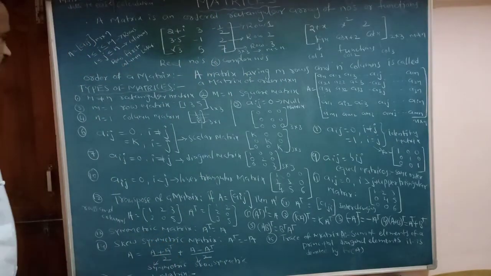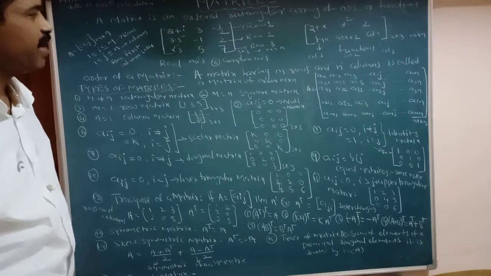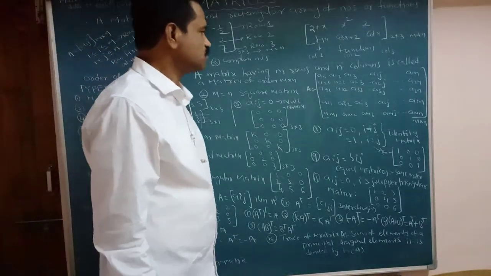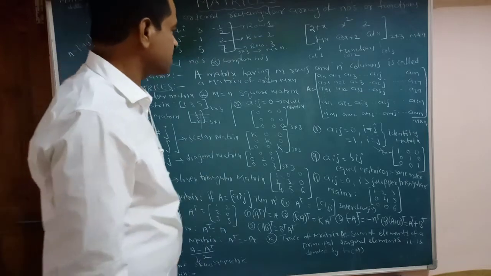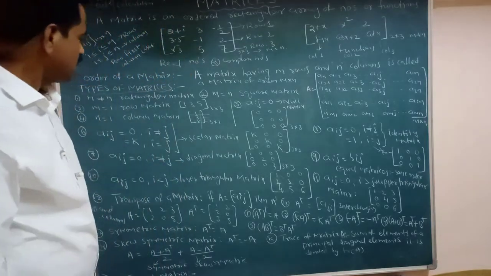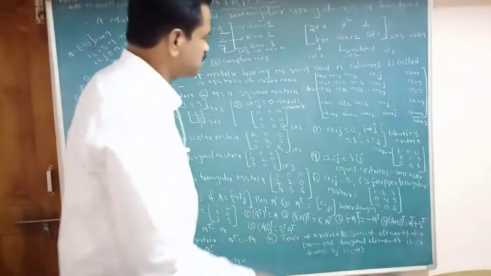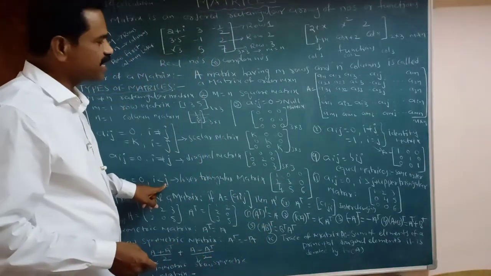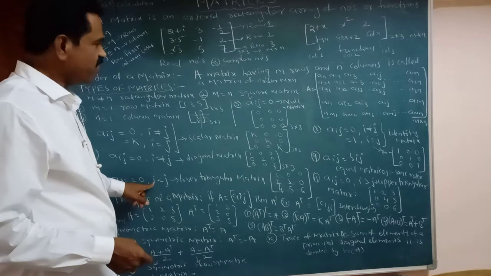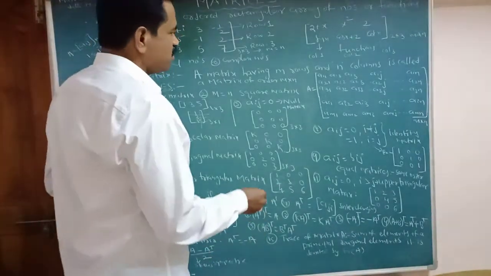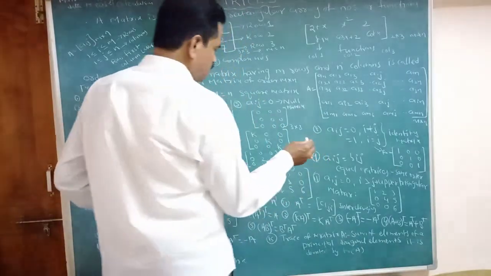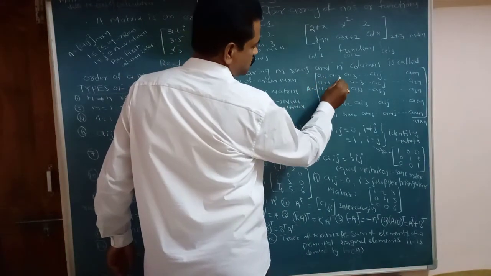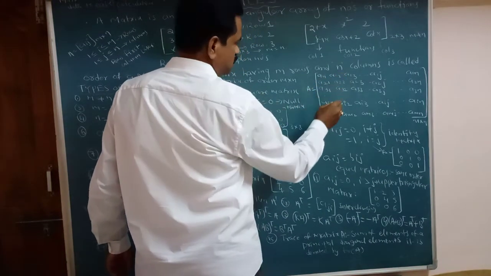Next, the lower triangular matrix. Here i less than j, so j values are greater and i values are smaller.